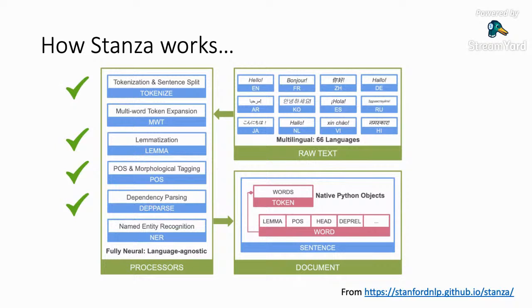So, for example, we use the processors for tokenization and sentence split, lemmatization, parts of speech and morphological tagging, and for the dependency parsing. And then Stanza generates a new document that displays the given text, so the text you have given in input, and the automatic annotation according to which processors you selected.